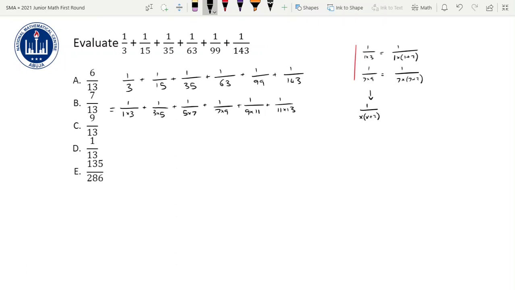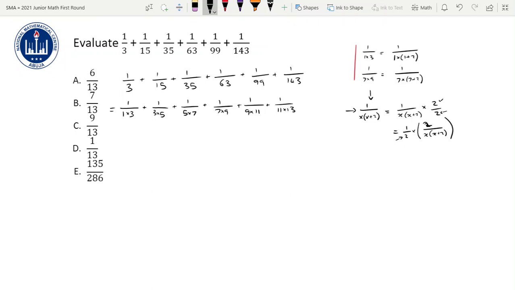So we're going to try to rewrite 1 over x times (x plus 2). We're going to multiply it by 2 over 2. So this is the same as 1 over x times (x plus 2) times 2 over 2, which we can write as 1 over 2 times 2 over x times (x plus 2). The 2 in the denominator comes outside, and the 2 in the numerator multiplies the 1.